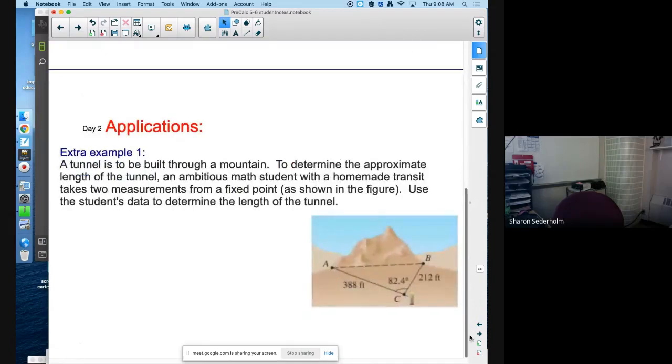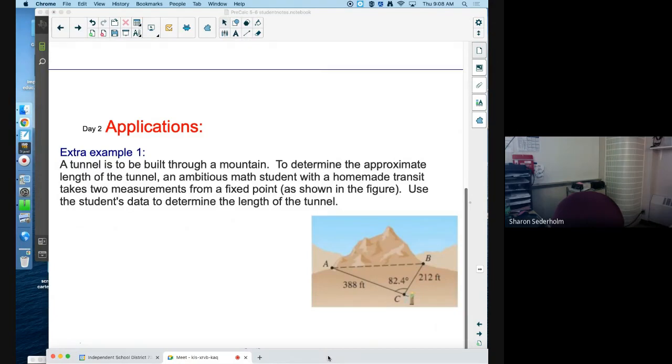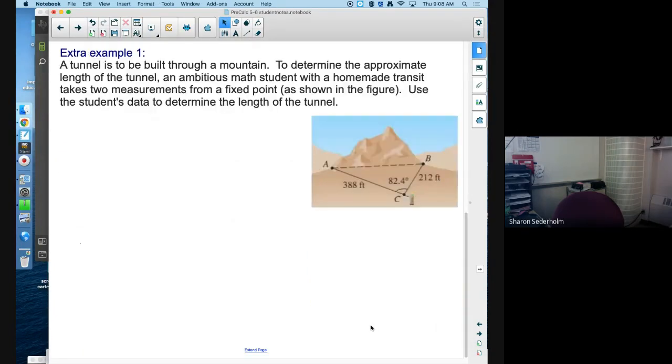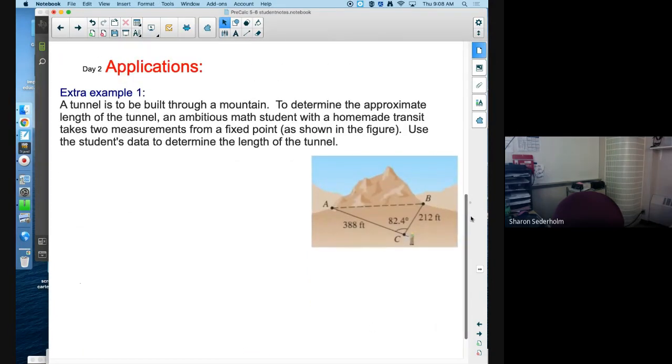we're down here. And this is the word problems, although this one I don't know really fits the definition of a word problem because we have a picture here to go by. So a tunnel is to be built through a mountain. To determine the approximate length of the tunnel, an ambitious math student with a homemade transit takes 2 measurements from a fixed point, as shown in the figure.